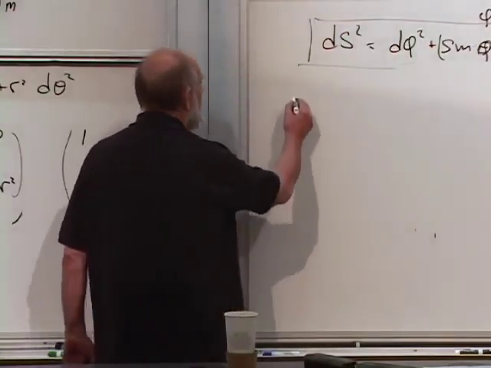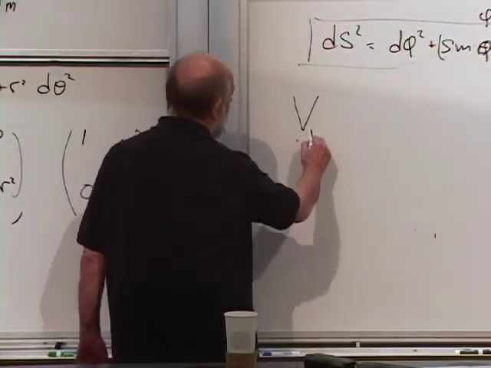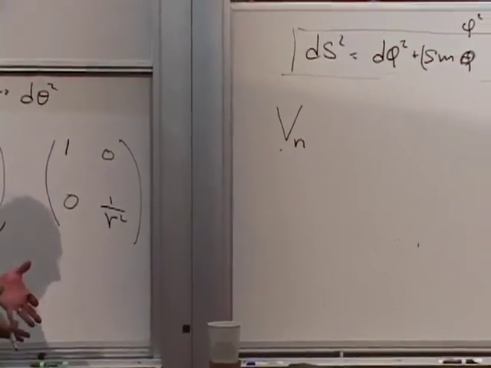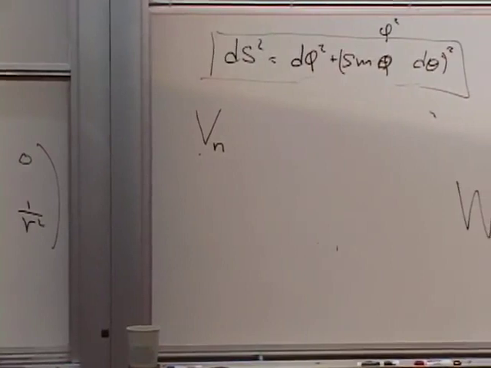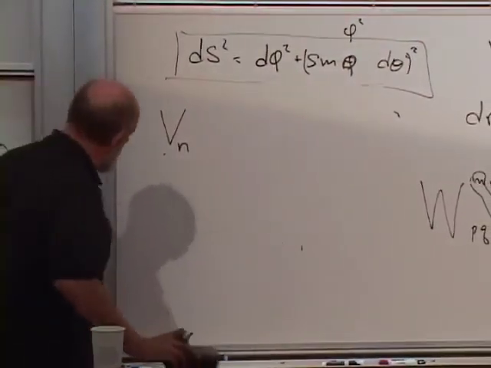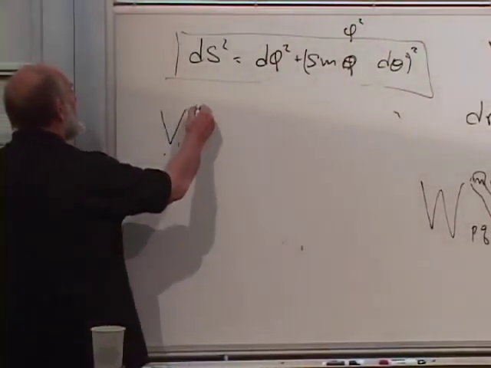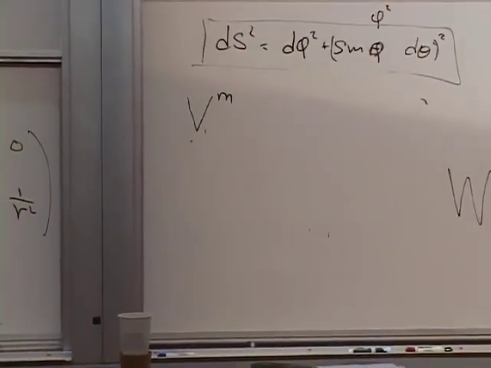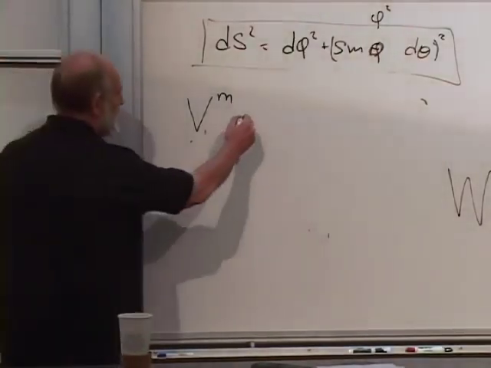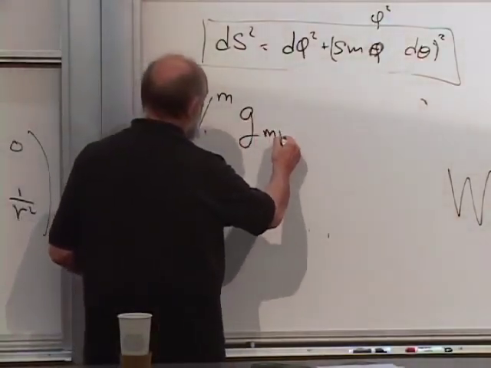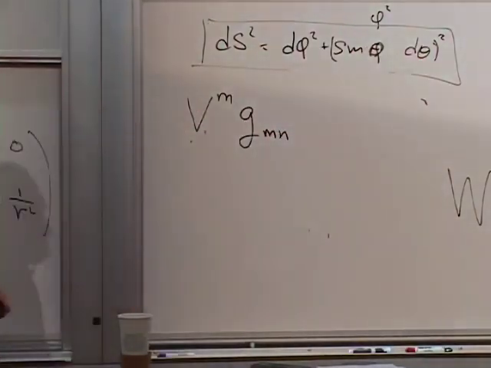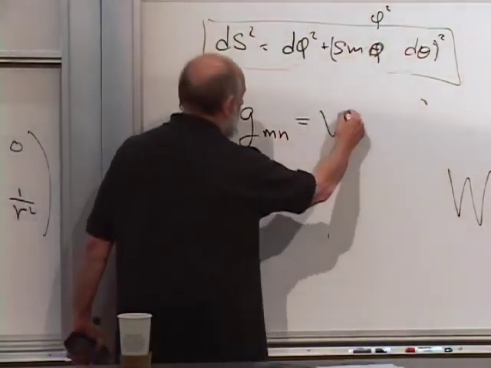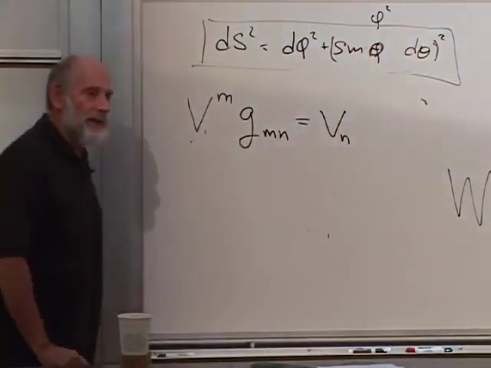If I give you a set of contravariant components, I can construct from it and the metric tensor an object with a lower index, by multiplying it by G_{mn} and summing over m. That gives me a new thing which I'll call V sub n.